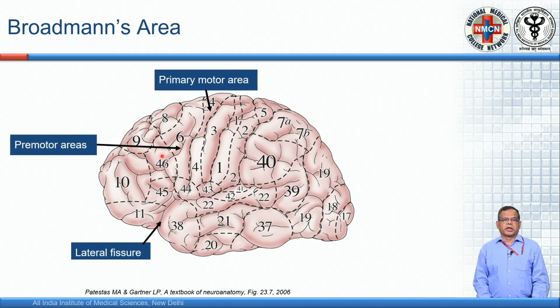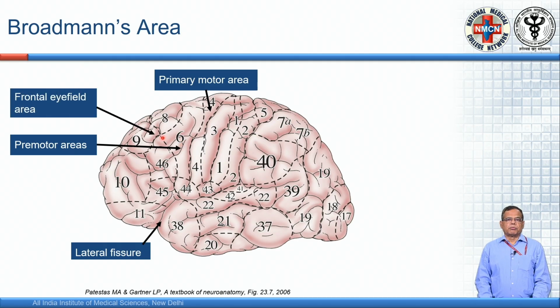The premotor area, or area 6, is the area for planning any movement. So, this acts as computer software, and execution is done by the hardware: the motor cortex is the hardware and the premotor cortex is the software for planning of the movements.